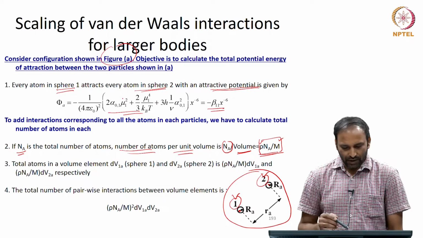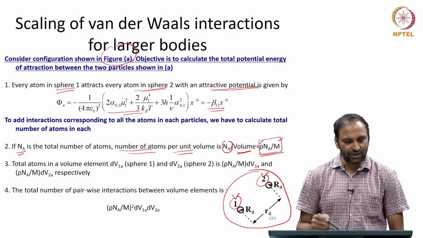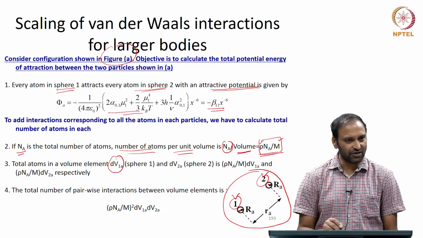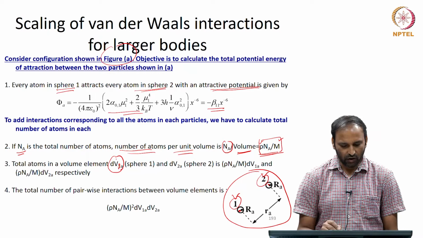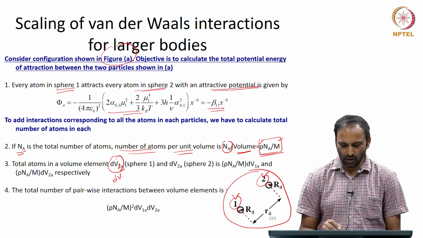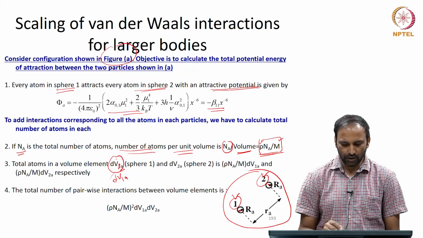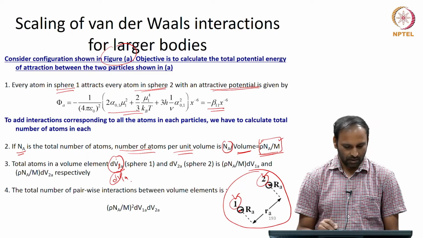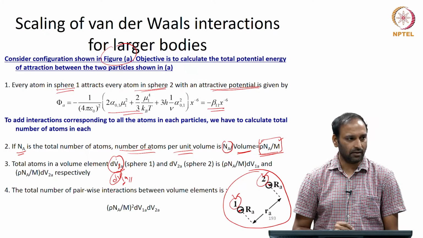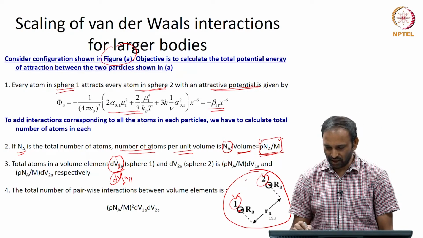Now, if you take some differential volume element, d V is a differential volume element in sphere 1 in configuration A. This d V 1 A corresponds to a differential volume d V in sphere 1 in case A, that is your case A.